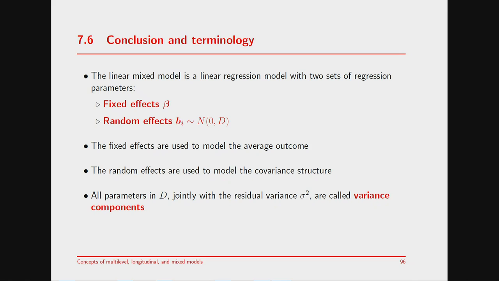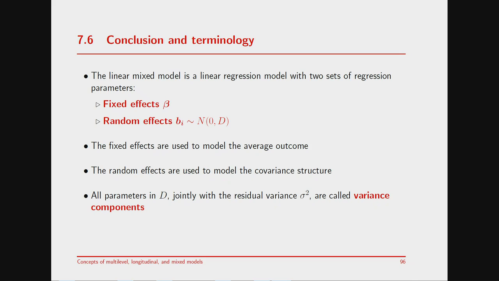And a little bit of additional terminology. All the parameters in the D matrix, so the covariance matrix of these random effects, together with the residual variance sigma squared, we call them variance components. So sometimes in the literature you will also see that people refer to this kind of models as variance components models.